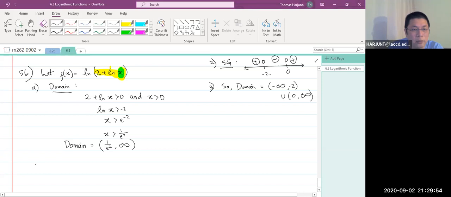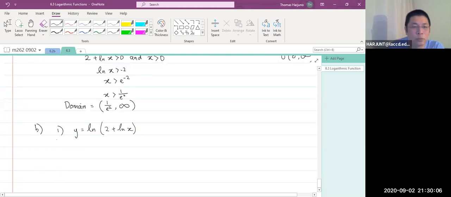Part B, how about the inverse function? Step 1, change the f of x to y. Step 2, swap the x and the y. Step 3, solve for y. So this is e to the x equals 2 plus ln y.